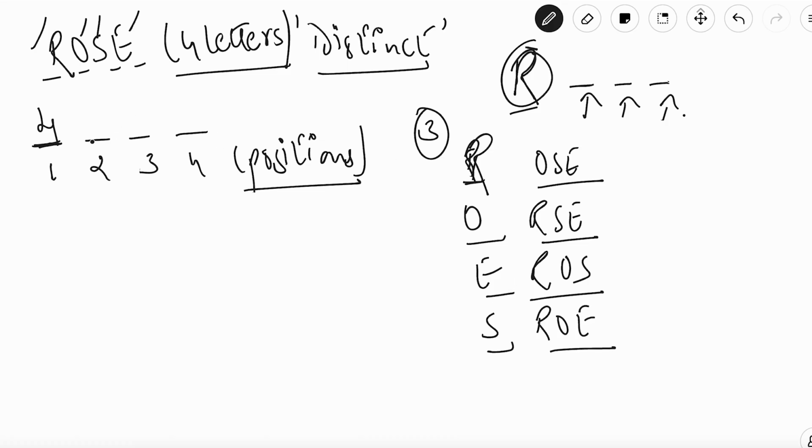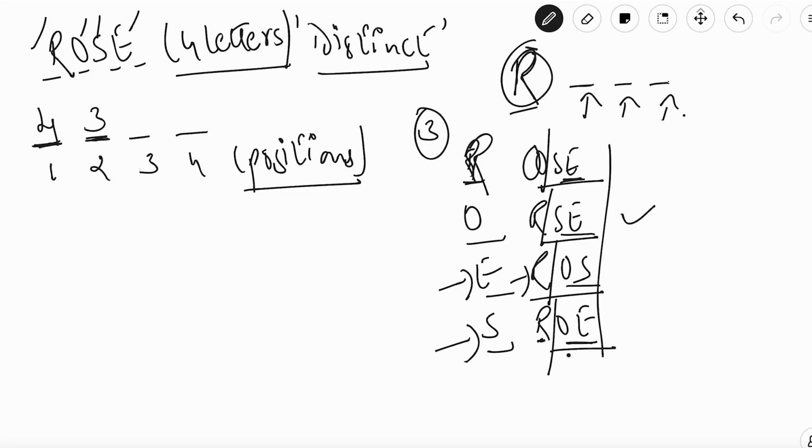Similarly, when we came to the second position, we had three options. Now when we choose one, let's say I chose O, I am left with two options for position number 3. In this case, when I chose R, I am left with S and E. For the case where I chose E for the first position and R for the second, I am left with O and S. Similarly, when I chose S for the first place and R for the second place, I am left with O and E. So the third position can be filled in two ways.